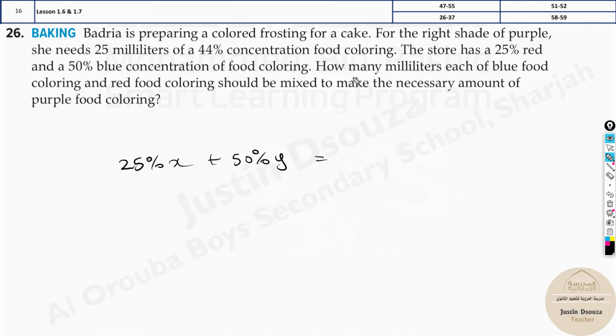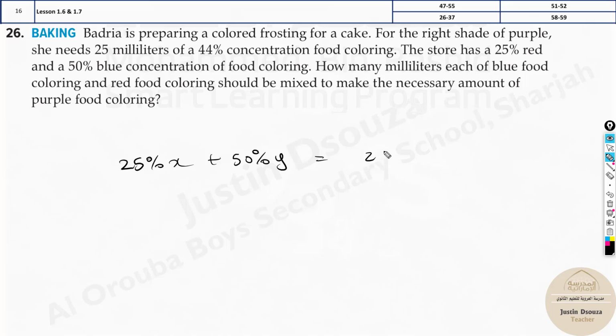How many milliliters each of blue food coloring and red food coloring should be mixed to make the necessary amount of purple food coloring? See, they have already told us that to get the right shade, 44% concentration is required. Now we have 25% red and 50% blue. When you add this up, first of all, how much is the total you need?